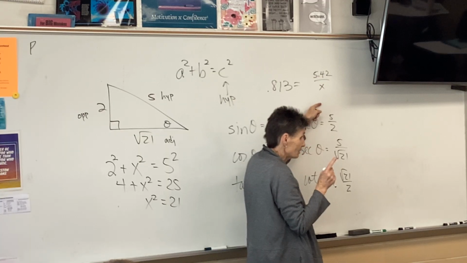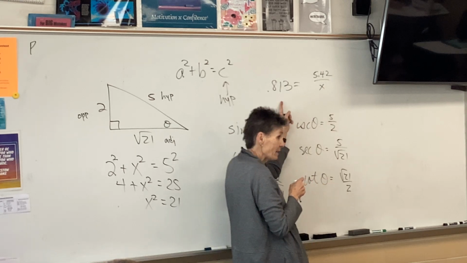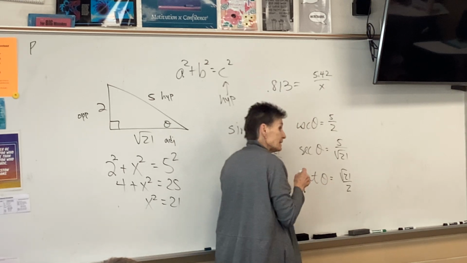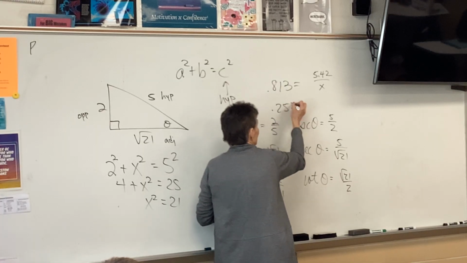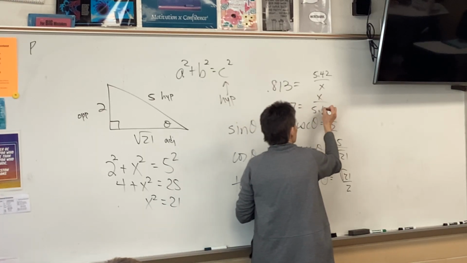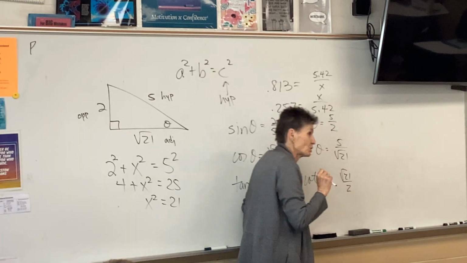Now remember, no calculator. So you would be dividing 5.42 by 0.813. If we did it as a cotangent, it would be a different number, but it wouldn't be a division, it would be a multiplication.